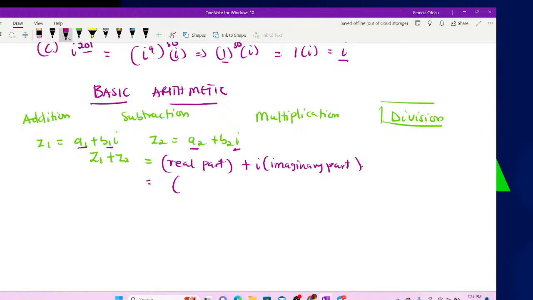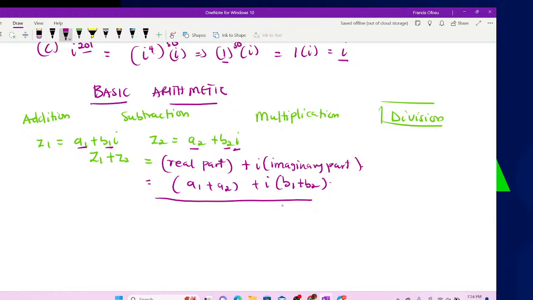The total real part is A1 plus A2, plus i open bracket, the imaginary part, B1 plus B2. And this gives us our sum of complex numbers.